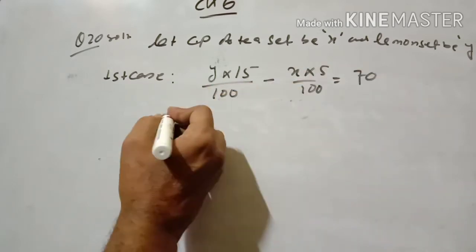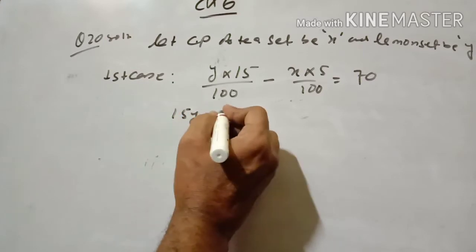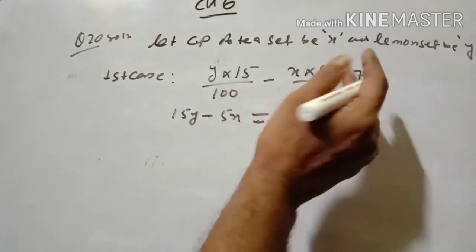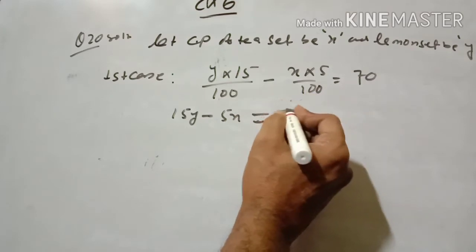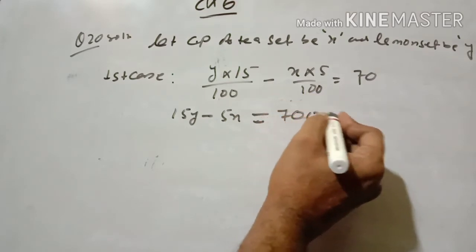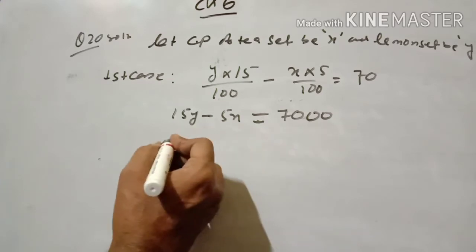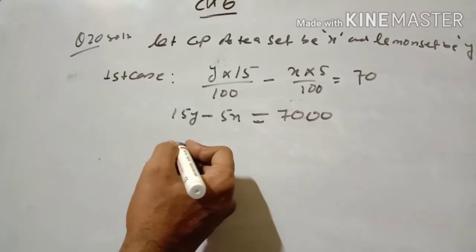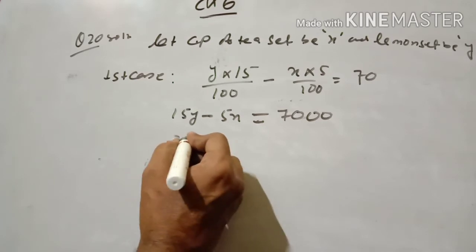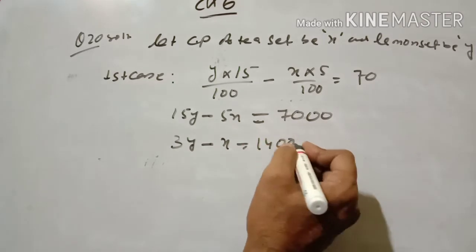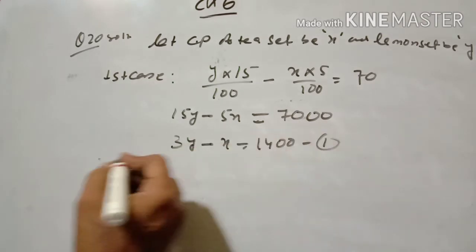So 15y minus 5x, taking LCM and cross multiplying, it will be 7000. Now dividing by 5 both sides, it will be 3y minus x equal to 1400. Let it be equation number 1.